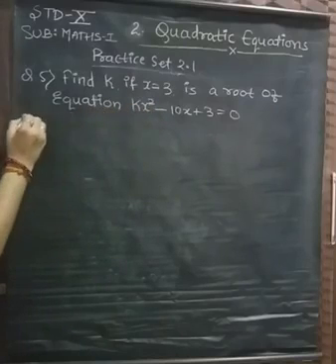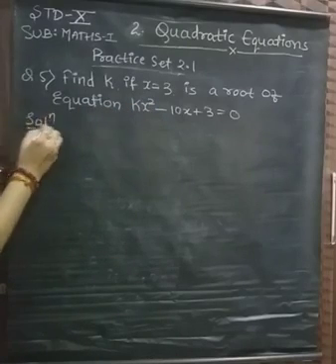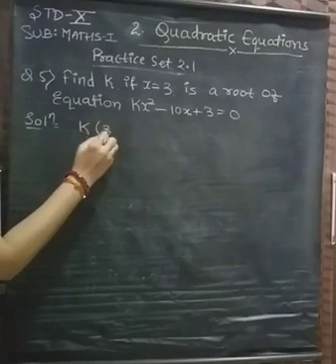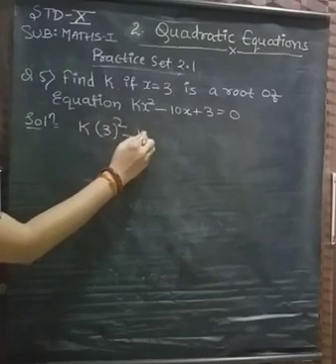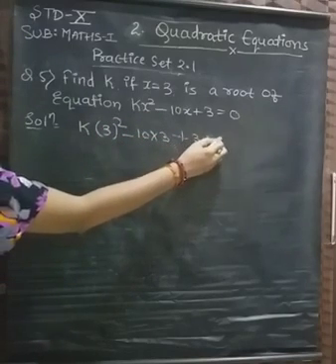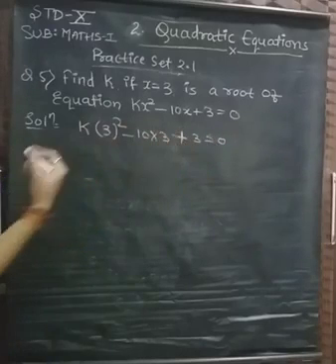So what do you get after substituting the value of x in this equation? You will get k times 3 square minus 10 into 3 plus 3 equals 0. Clear?